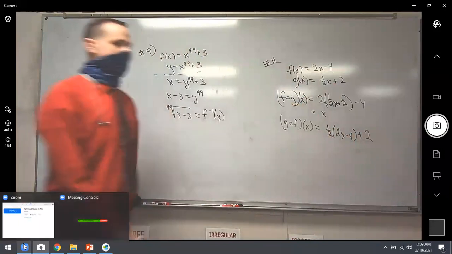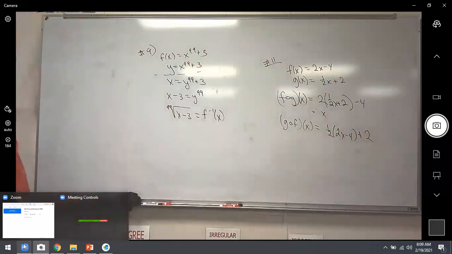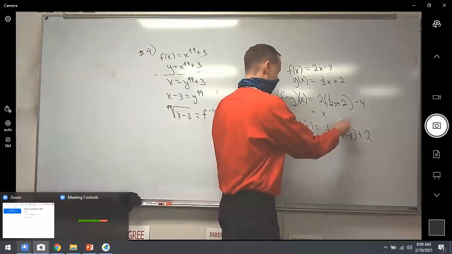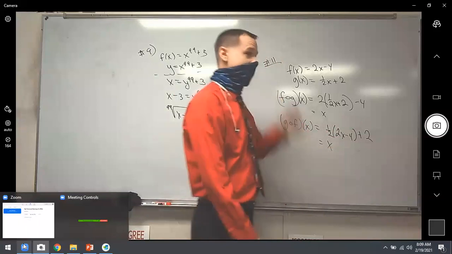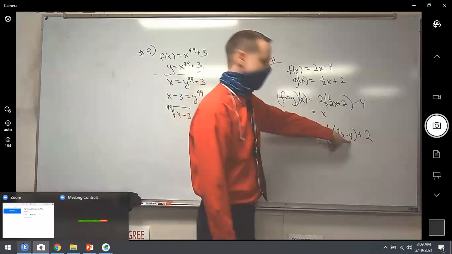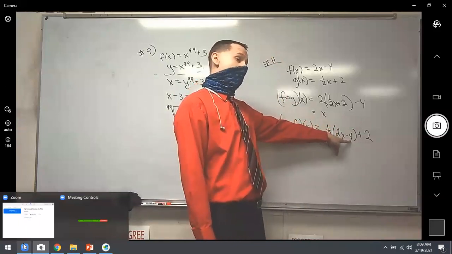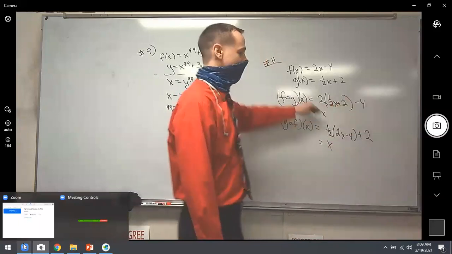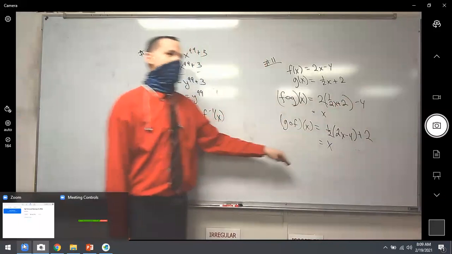So there's g with the x replaced with what f is. And again, if you distribute things out, 1/2 times 2 is 1. So I got an x again. 1/2 times -4 is -2, which plus 2 is nothing. So I just got x. So both are x, and that's the work to justify they're inverses.